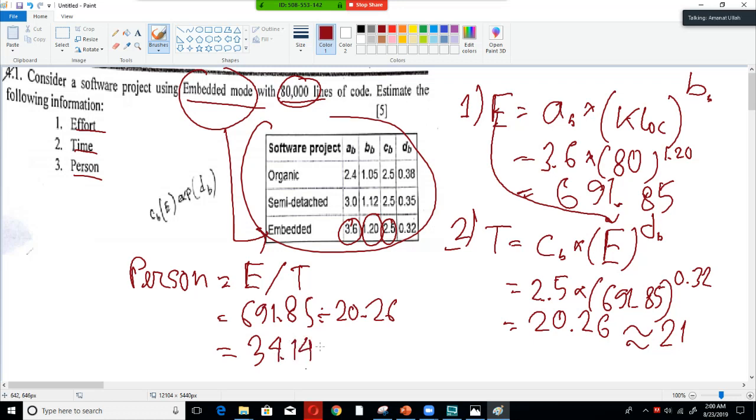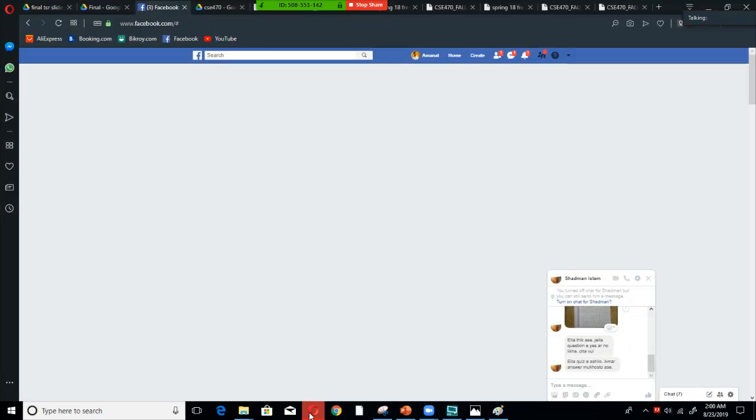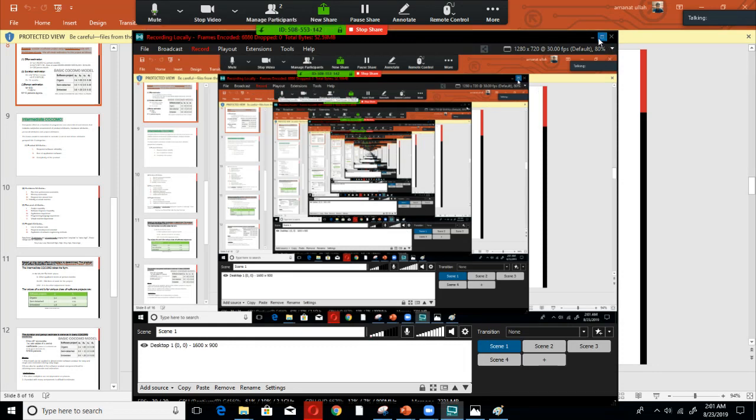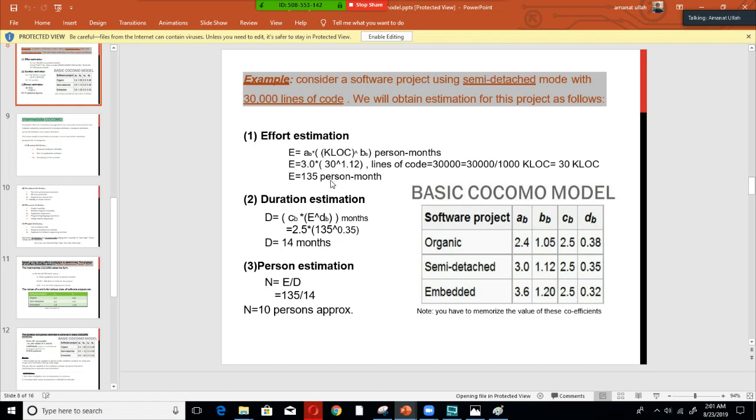Now if we look at the slide, we'll see the unit of each one. The unit of E is person-months, the unit of time or duration is months, and the unit of persons is persons.